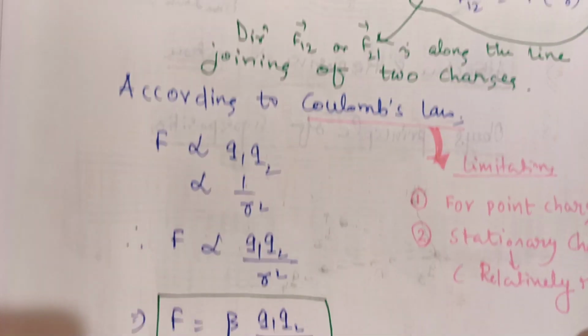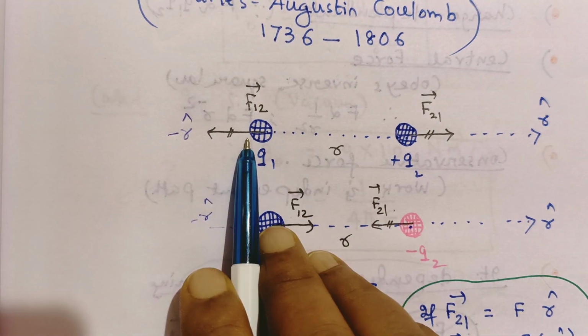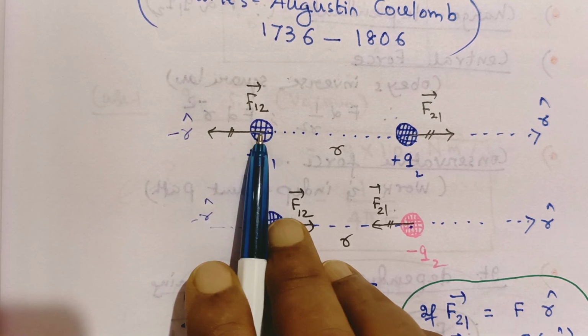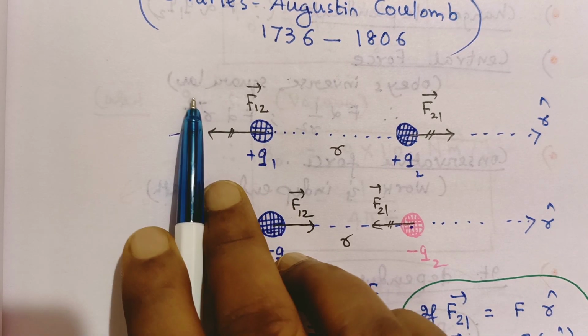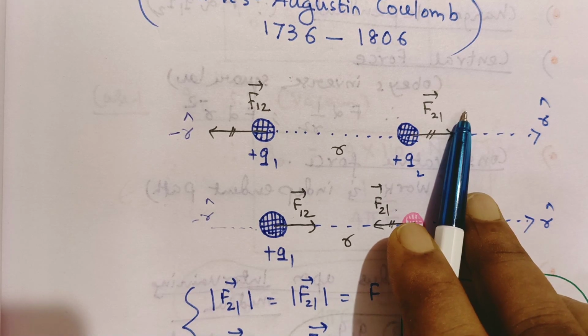So if the force acting on Q1 is, for example, 5 Newton, then the force acting on Q2 will also be 5 Newton.